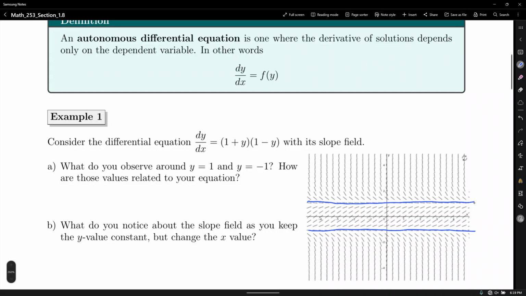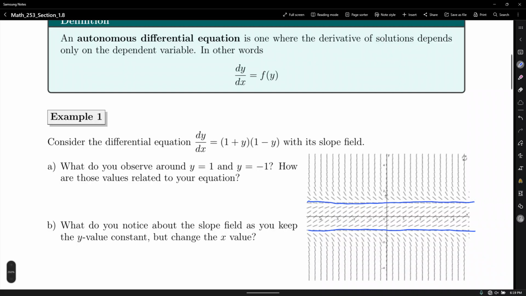Look at this horizontal line and this other horizontal line. You can think of them as asymptotes. At y equals 1, we have functions increasing, and for really large values of x, or the input t depending on the variable, the largest y value we're going to get is the value of the asymptote.